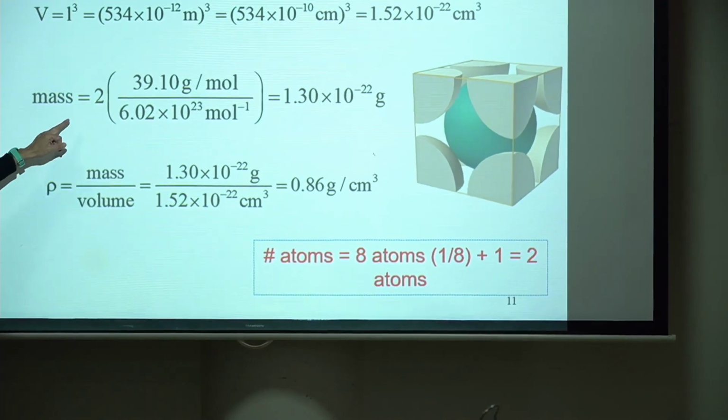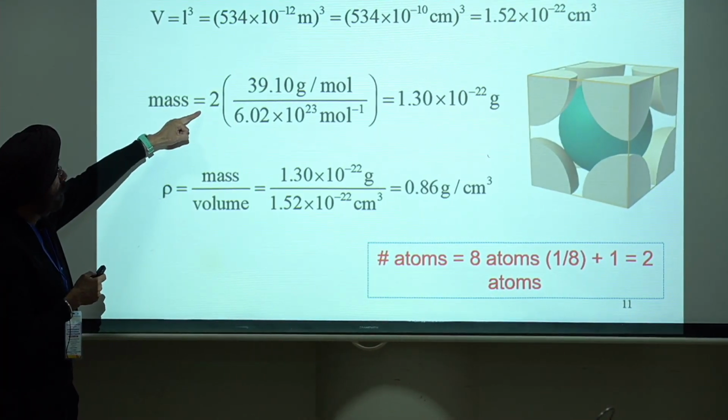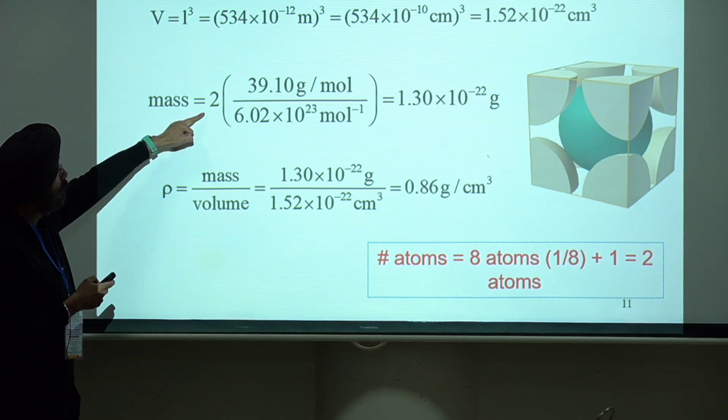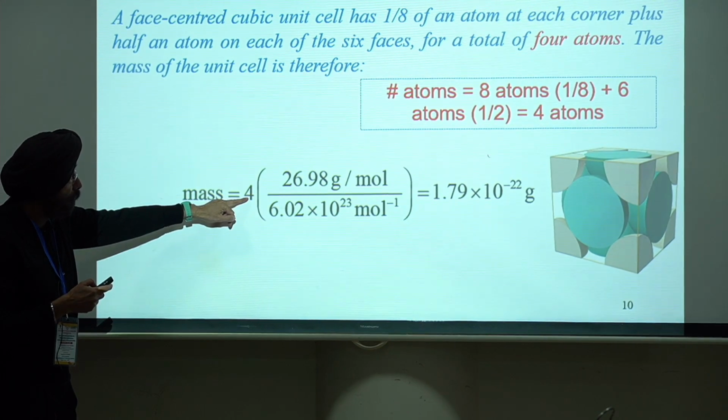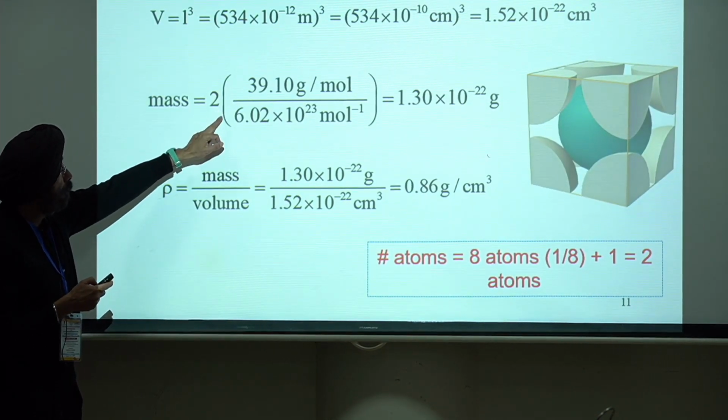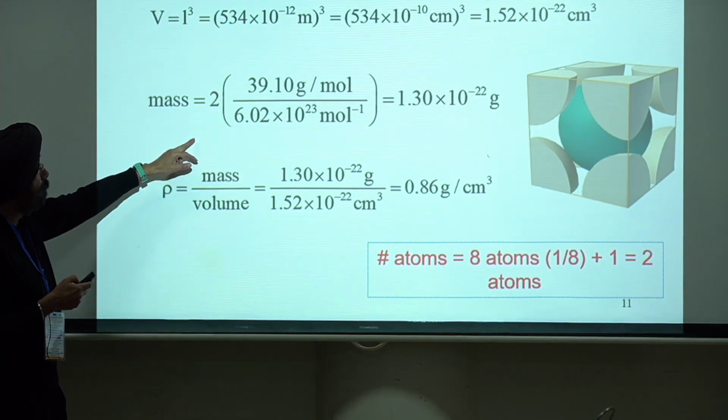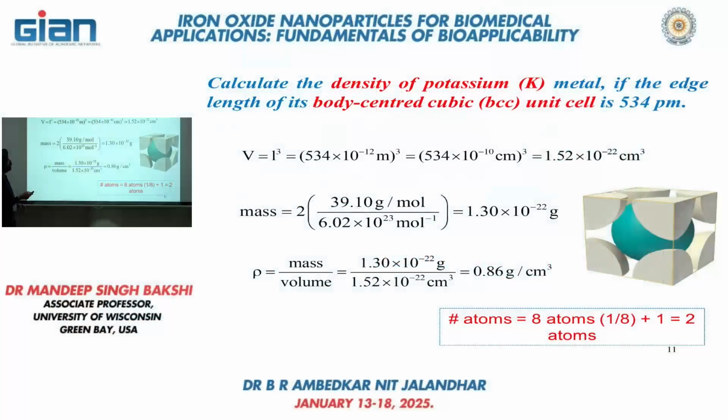So when you are calculating mass, you must be multiplying by 2, because for the body-centered cubic unit cell it is not by 4. It must be 2 when you are dealing with the BCC body-centered cubic cell. Now you have volume and mass, and you can calculate density. Make sure that all other units are cancelled.